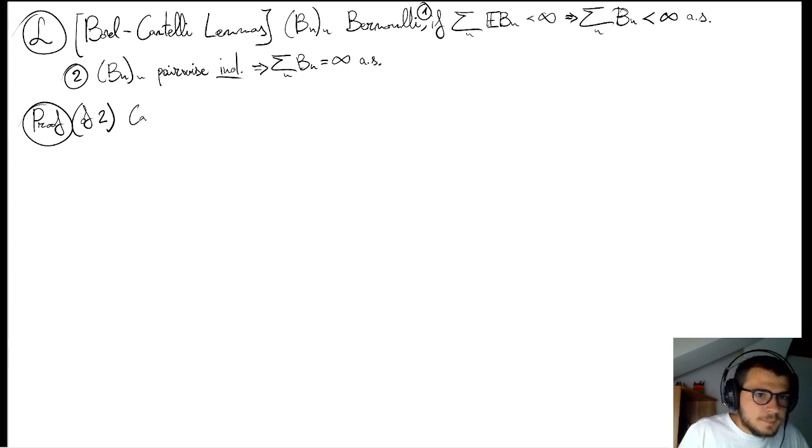Call Pn the expectation of Bn. And An the sum of the expectations of Bi for i from 1 to n.